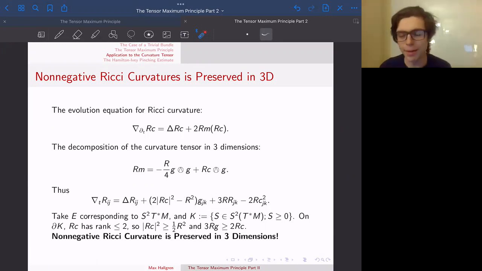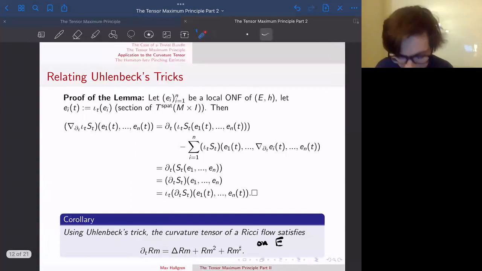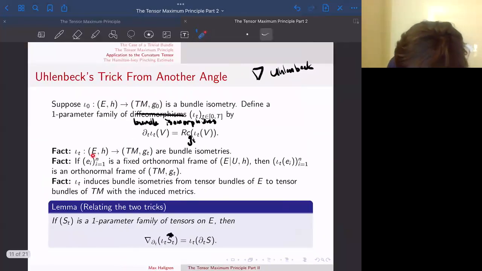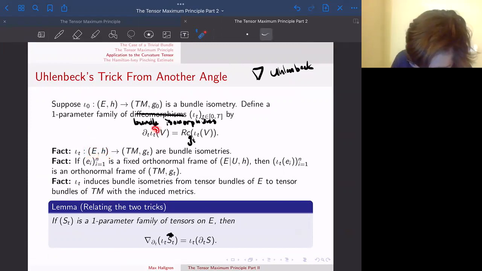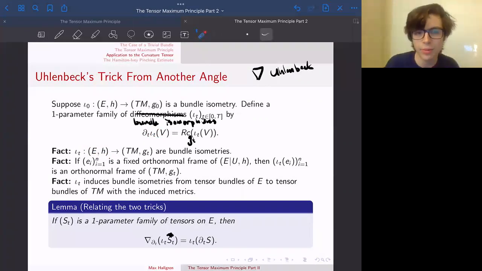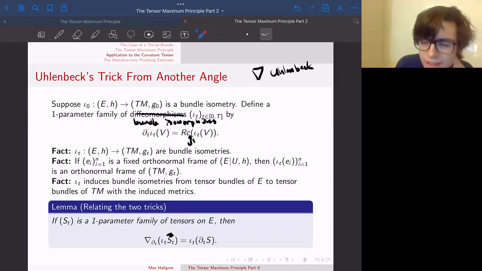So I'm not sure if this is the reason, but it helps me remember that I'm considering tensors on this bundle after I've pulled back by these iota of t using Uhlenbeck's trick. So it's a way of reminding yourself that you're not working with the tensor field on TM so much. You're looking at the tensor field after you move it using iota of t.